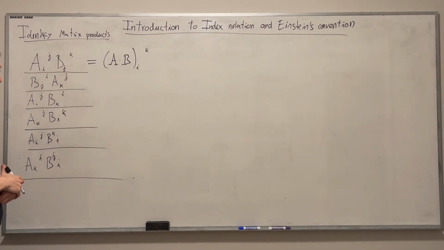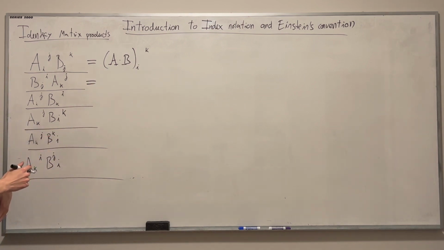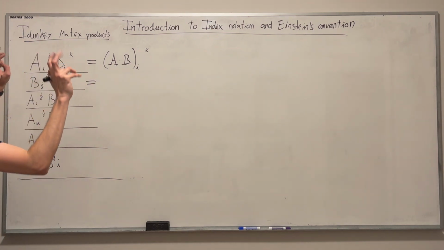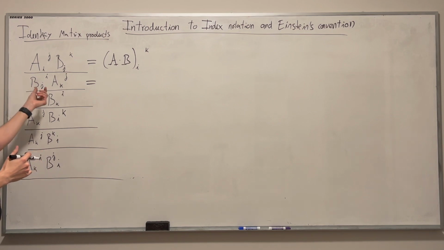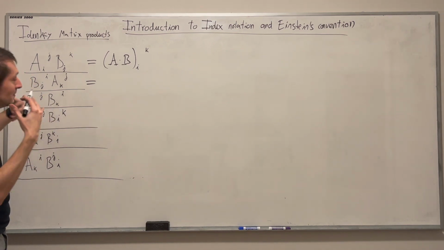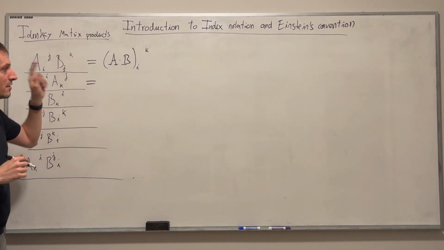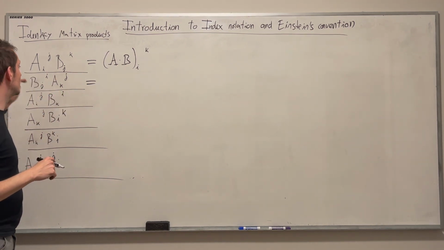All right. Now, what about the second one? The second one is not in this canon form that I call it. I mean, what I can do is, well, I see that there's a contracted index, j, but to write it as a matrix product, to help myself see it, I need to write it so that the second index of the first one is contracted with the first index of the second.